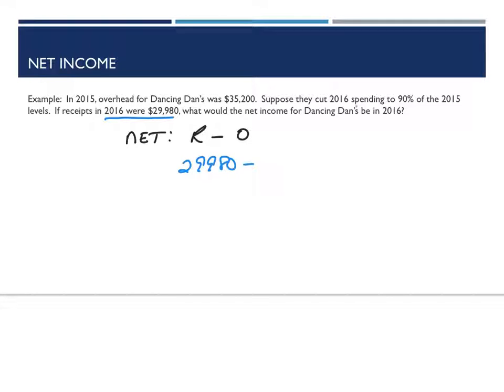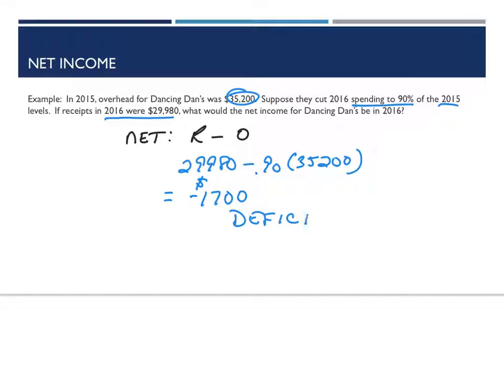We want the outlays in 2016 to be 90% of the 2015 value. Let's see what that does to our net income. That still leaves our income at negative $1,700, which means Dancing Dan's is still operating at a deficit.